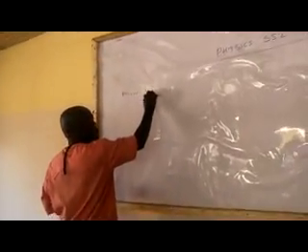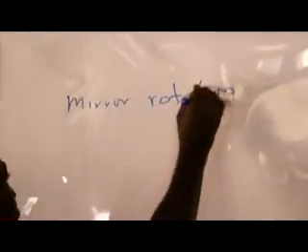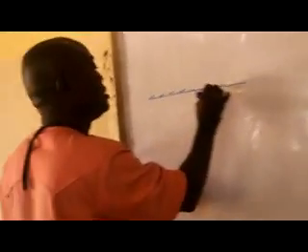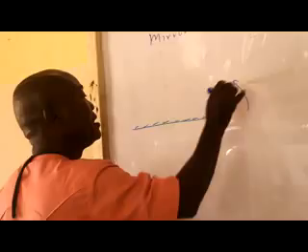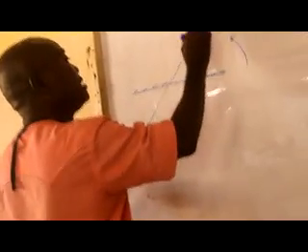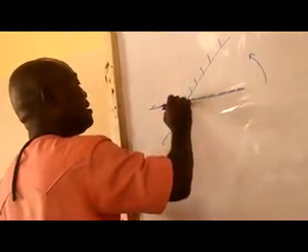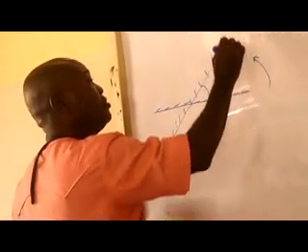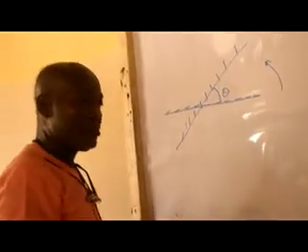Assuming that the mirror is like this, it rotates like this, where this is theta, the mirror rotates from here to here.